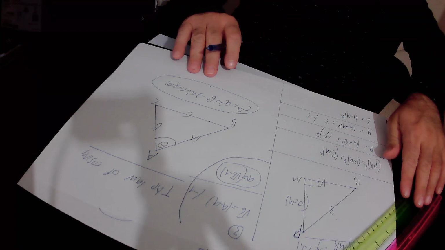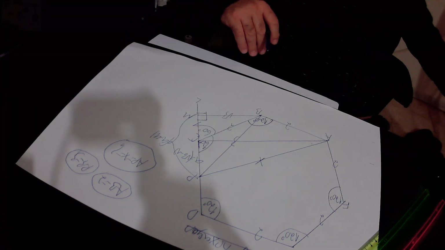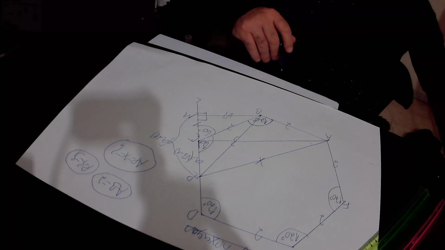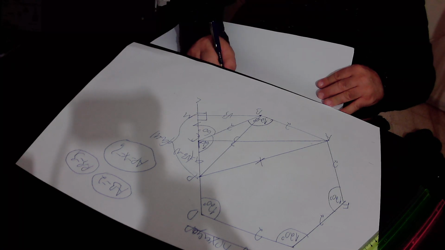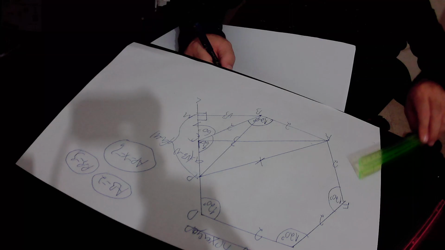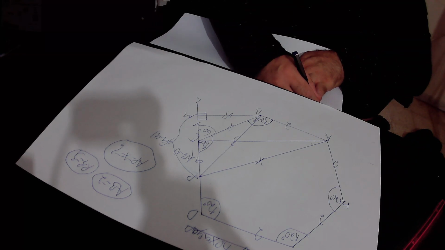So we implement the law of cosines in triangle ABC. I'll copy triangle ABC in a new page and we implement the law of cosines in that triangle.